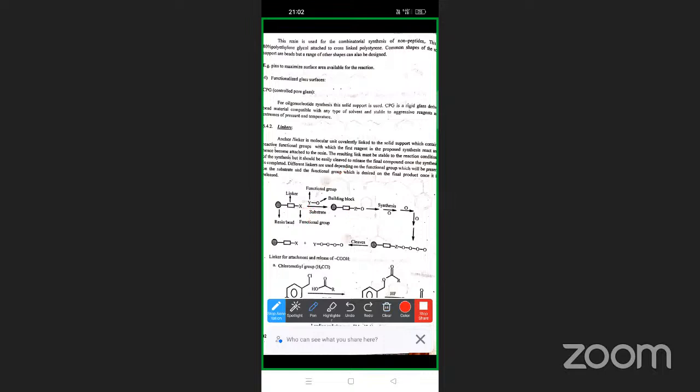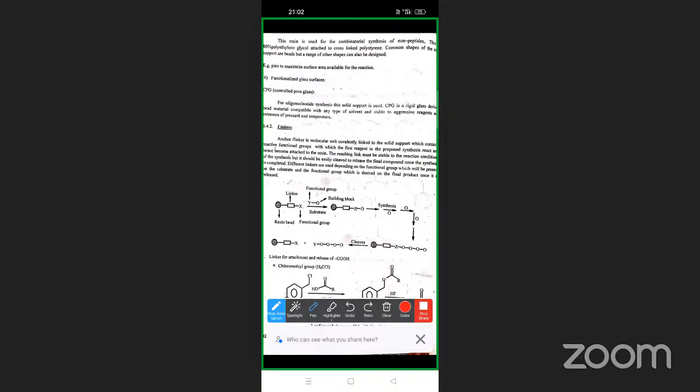Because after the combination of X and Y, a different bond is formed. That's why the bonding is changed here. It is Z. Now your substrate molecule gets attached to the resin bead.